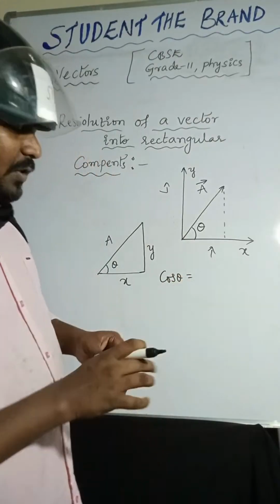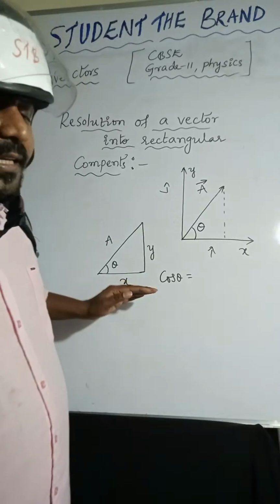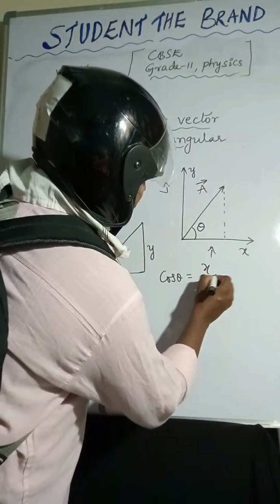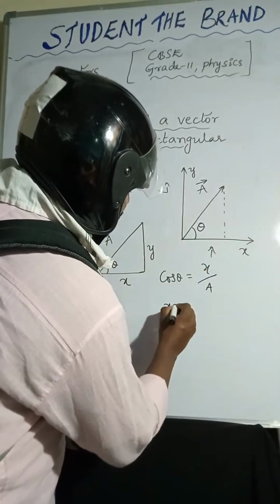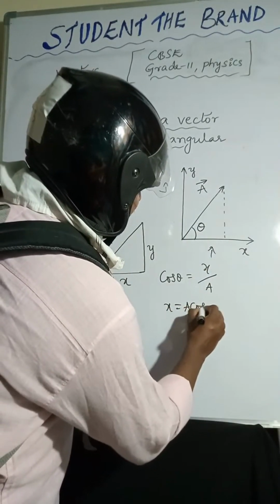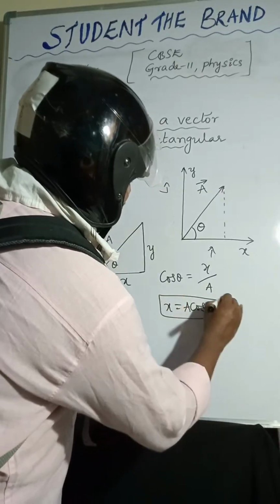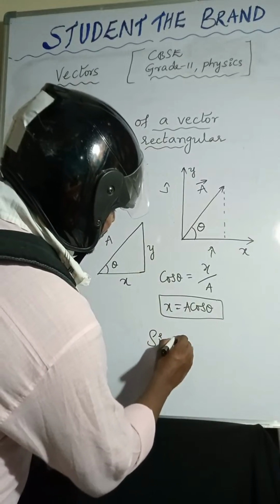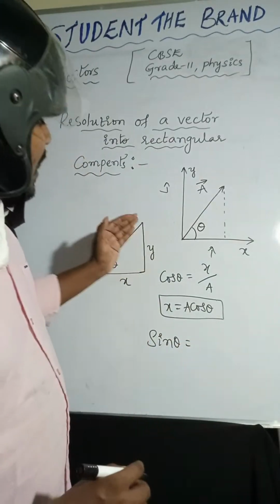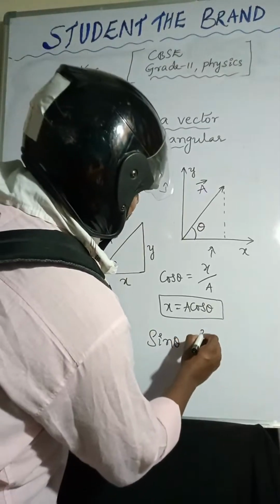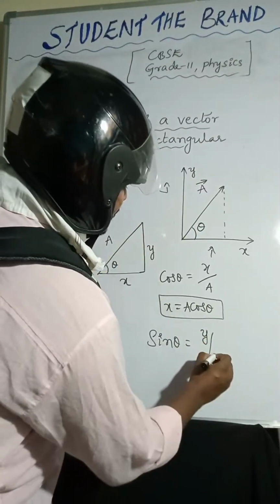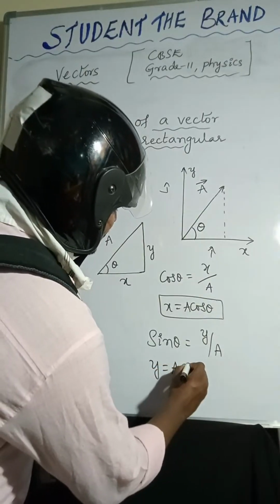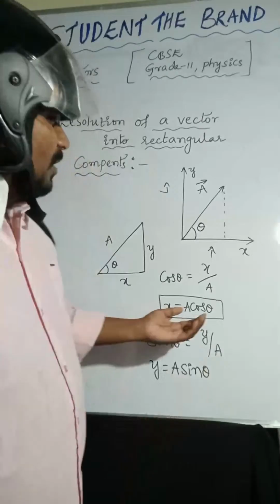Cos theta equals adjacent side by hypotenuse, so x by A, that is, x equals A cos theta. Sin theta equals opposite side by hypotenuse. The opposite side is y and hypotenuse is A, so y equals A sin theta.